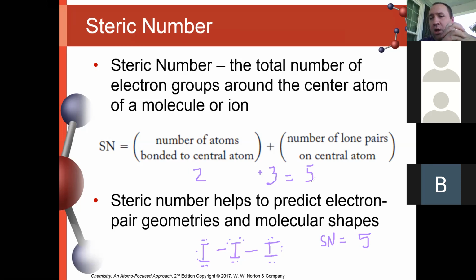What we talk about with steric number influences molecular geometry, influences electron pair groups, influences bond angles, influences hybridization, influences bonding structure. They're all interconnected. From that standpoint, that's what you have to keep in mind. Everything speaks to each other. If you treat it that way, it's going to be a lot easier to absorb the information.